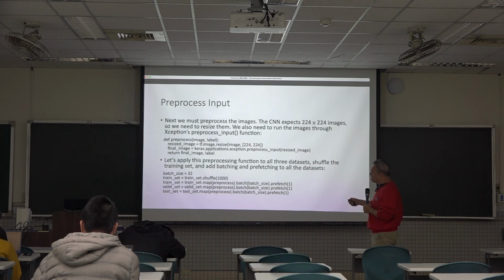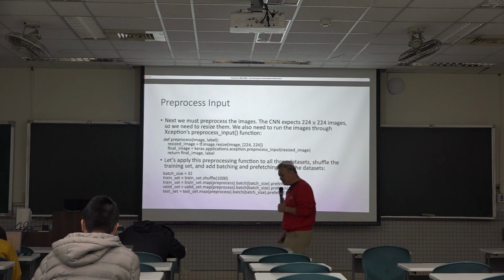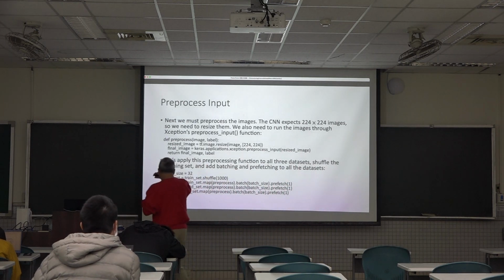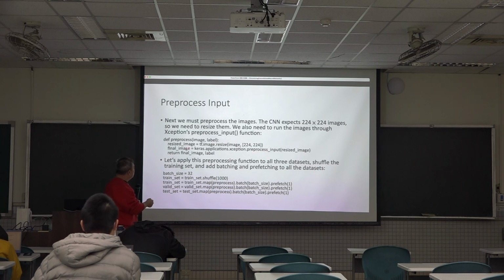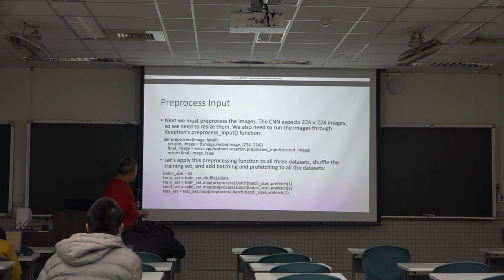Based on this resolution, you can tell that the model is pre-trained on ImageNet. So we use preprocess input to resize the image, to prepare them. And that's it. Then we put them into batches, and we use a prefetch to prepare them.